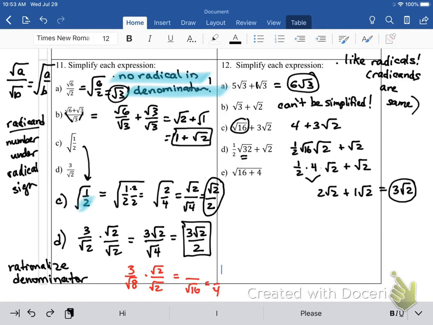So what about E? Can I separate them? What did you get from the last lesson? No, I cannot. So there will be no separating. And why is that? Because of the plus sign. That's right. So don't make that 4 plus 2.